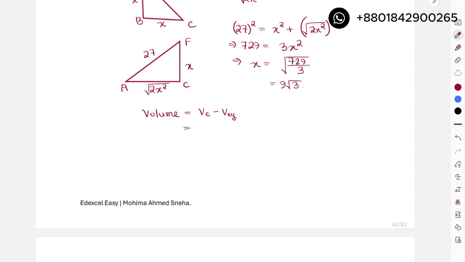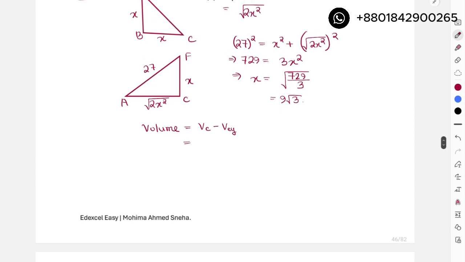So I have 9 root 3 to the power 3, minus the cylinder. For the cylinder, the volume is pi r squared h. Here r is half of this, because this was the diameter of the cylinder. So you get pi times 9 root 3 over 2 whole squared, with another height, which is again x, so 9 root 3. Right, so this is what you get.